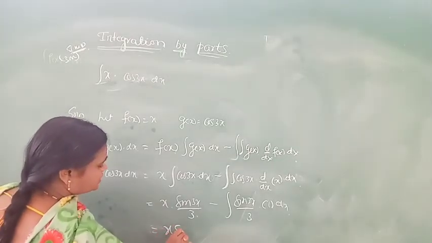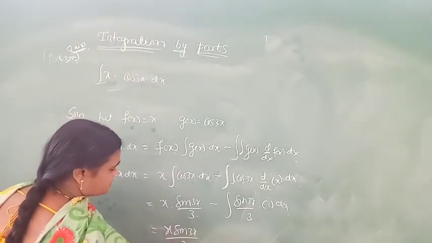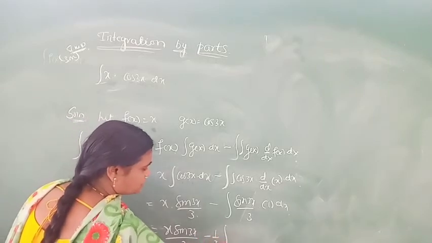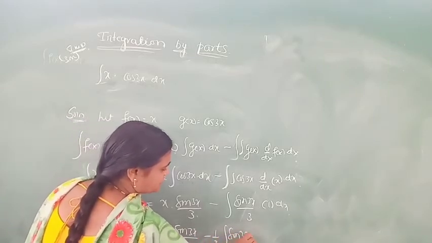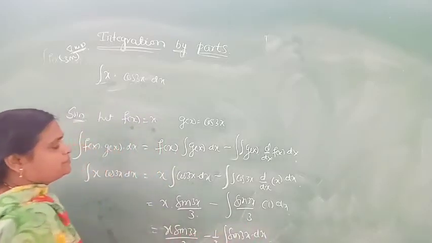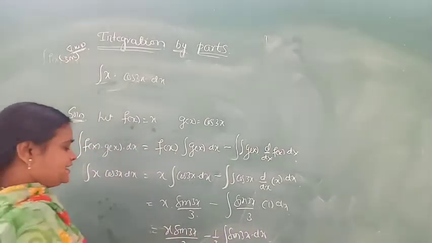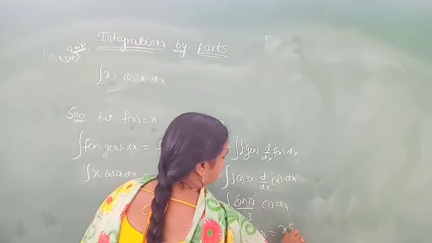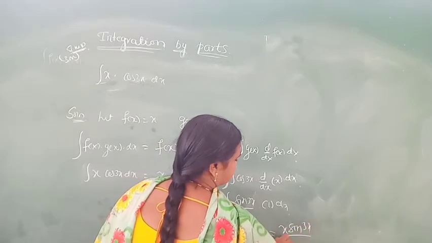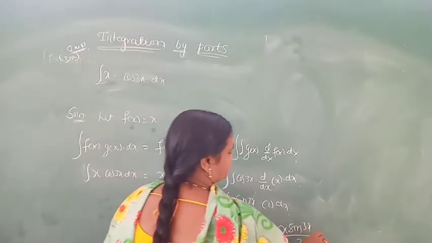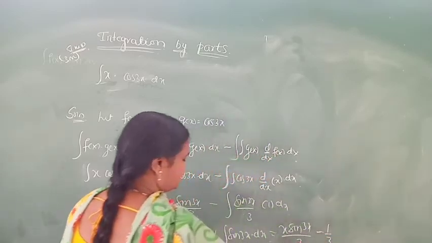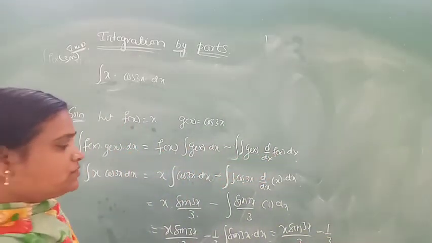x sin 3x divided by 3 minus, take 1 by 3 outside, do the integration of sin 3x with respect to x, and we get x sin 3x by 3 minus 1 by 3 integration of sin 3x. What is the formula?